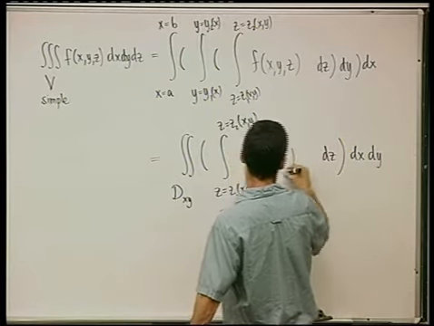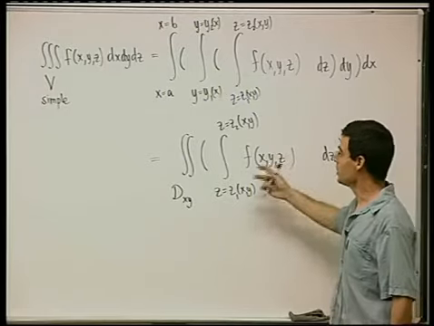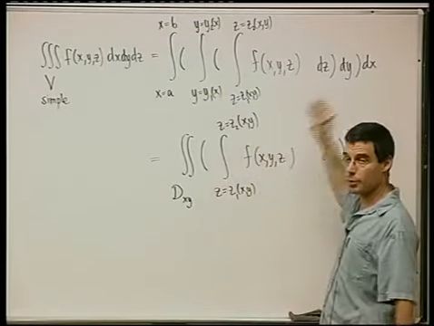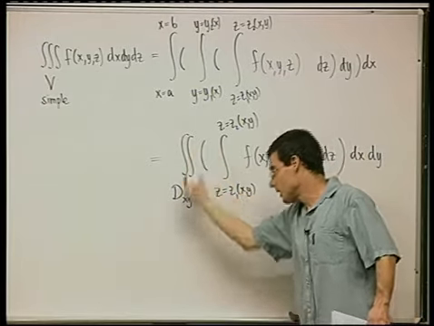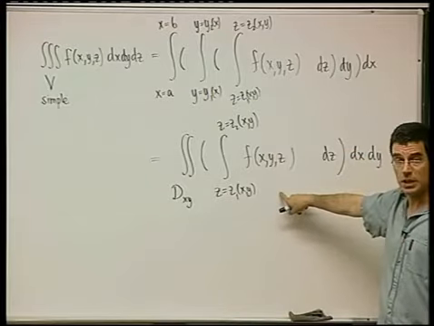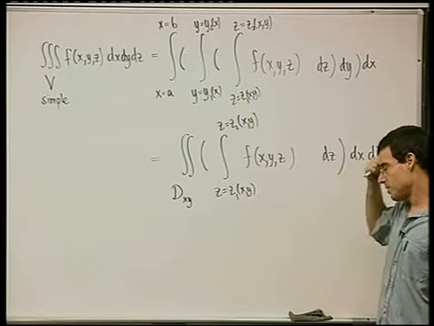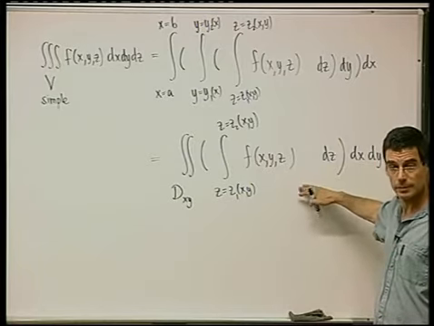This is writing the exact same thing, but instead of breaking it right away into the three iterated integrals, breaking it first into an integral over the domain D of the iterated integral like this. And sometimes in terms of thinking, it helps to do it in steps, to write this first.